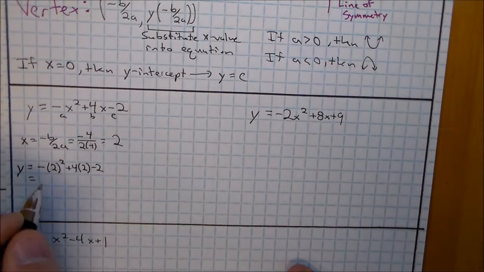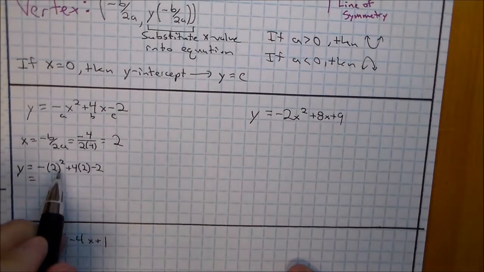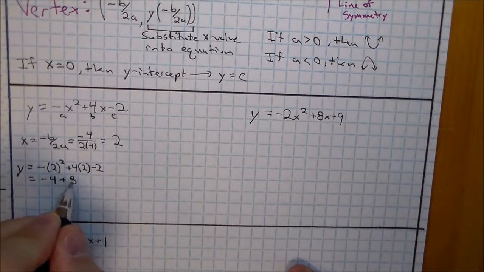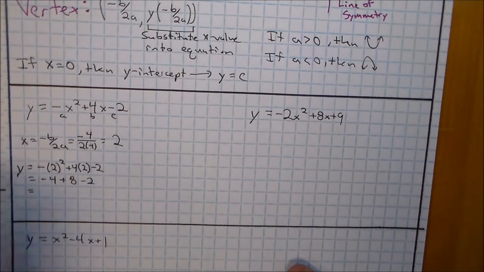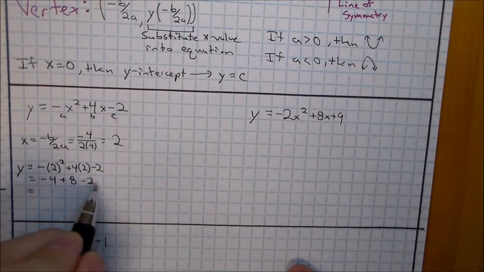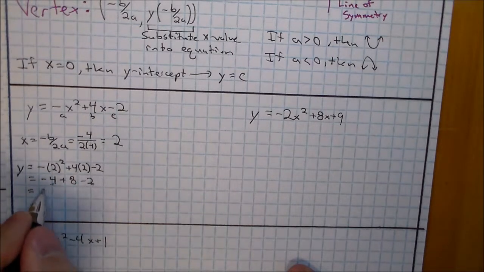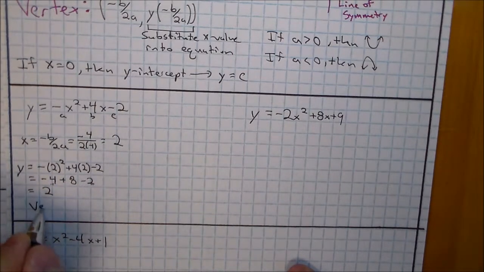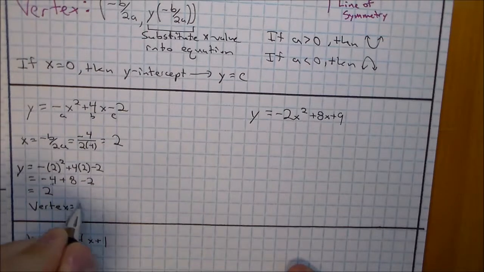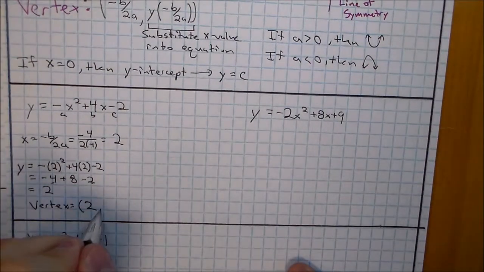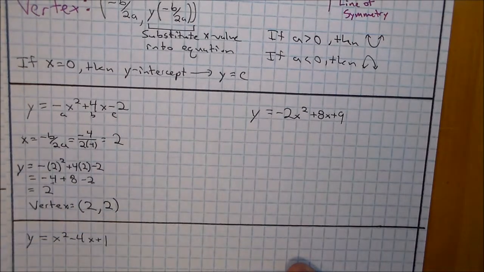Now be careful with your order of operations. 2 squared is 4, so we get negative 4. 4 times 2 is 8, and then our negative 2. Negative 4, 8, and negative 2: negative 4 and negative 2 is negative 6, with an 8 that gives me a positive 2. So my vertex is going to be 2, 2.